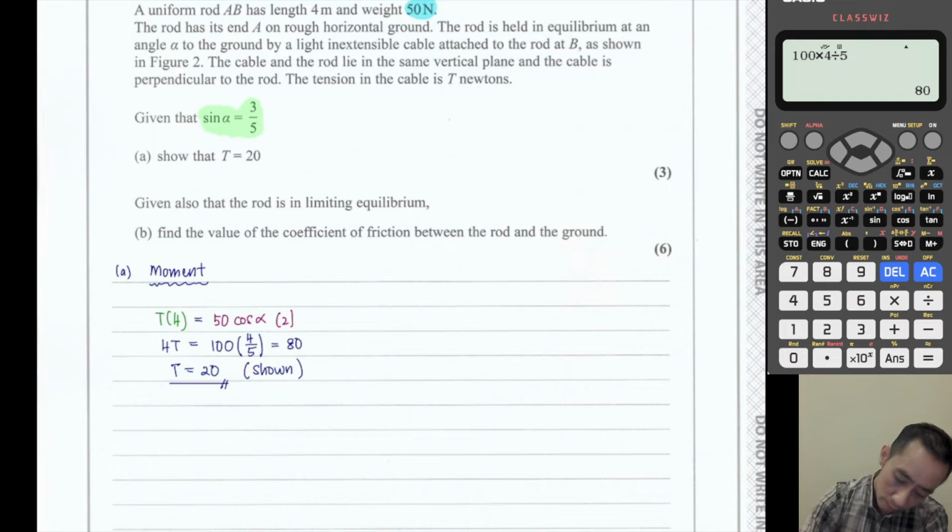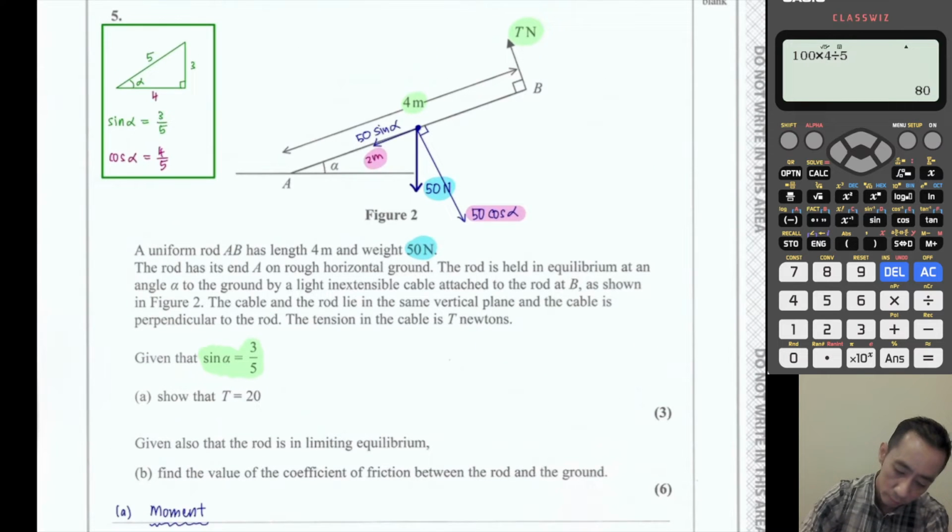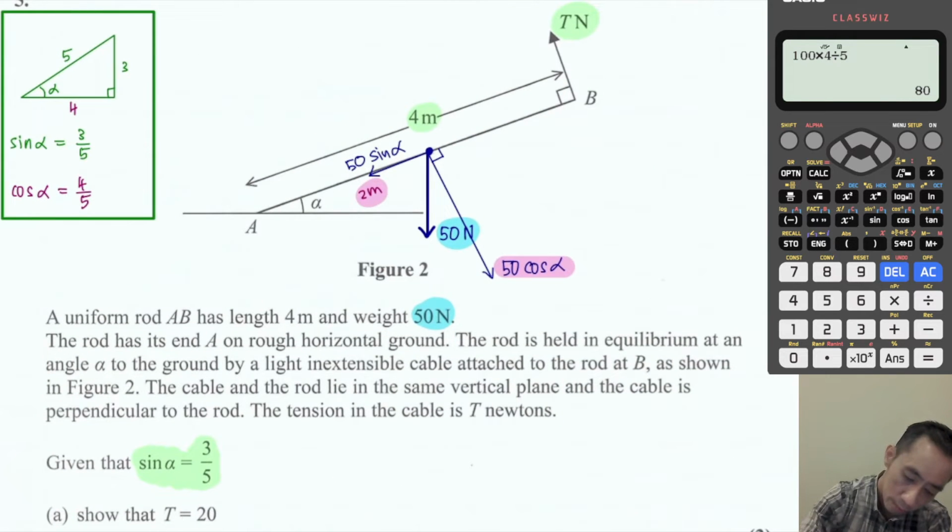Given that we are asked to find the coefficient of friction between the rod and the ground. The rod is here, with the reaction R here.